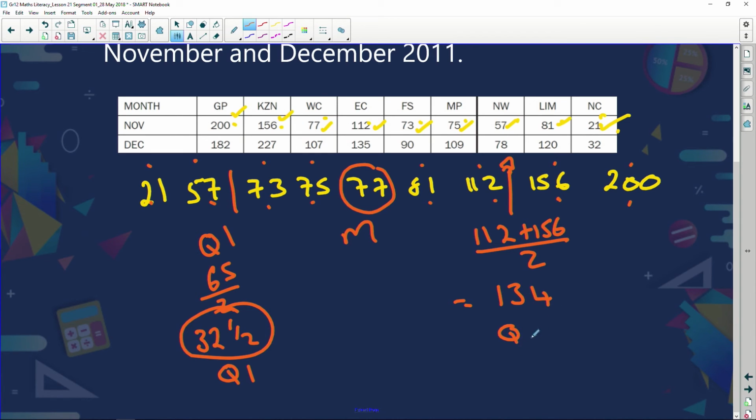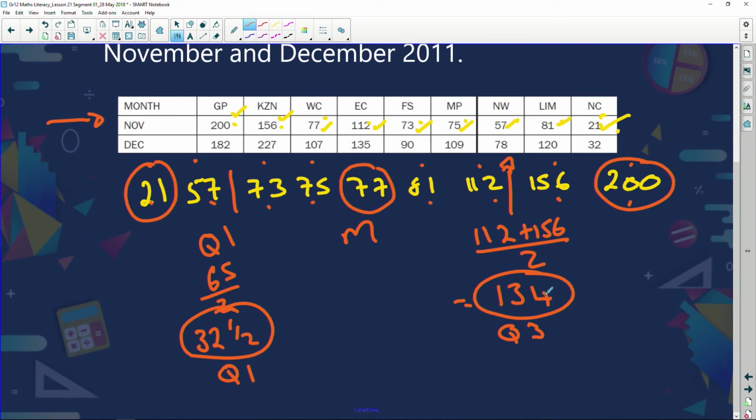That will be my quartile 3. Okay, so now what is my 5-number summary? My 5-number summary for the month of November is: my lowest is 21, my highest is 200, my median is 78, quartile 1 is 65, and quartile 3 is 134.